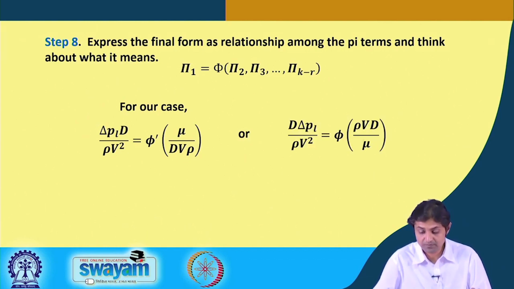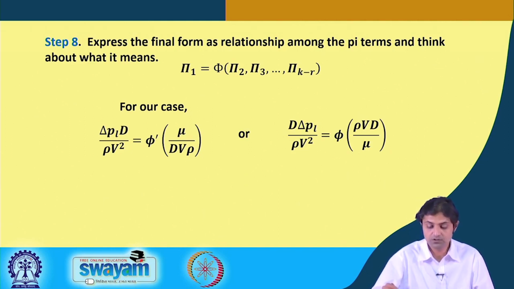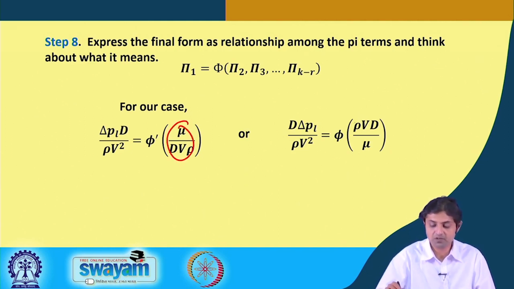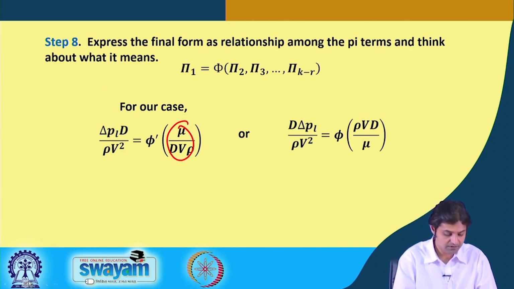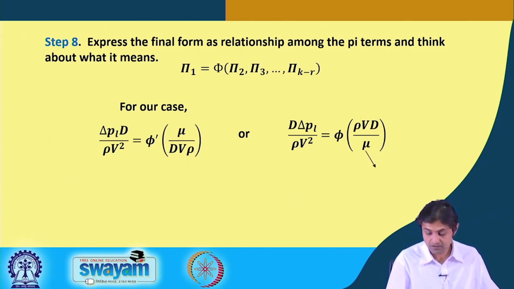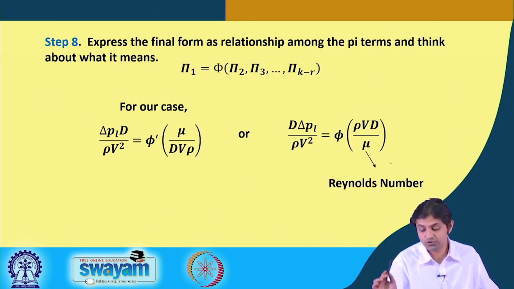Or we can write it in reverse format as well: delta P L by rho v square is equal to a function of 1 by this, since 1 by a dimensionless term is also dimensionless. And this, as I told you, is the Reynolds number.